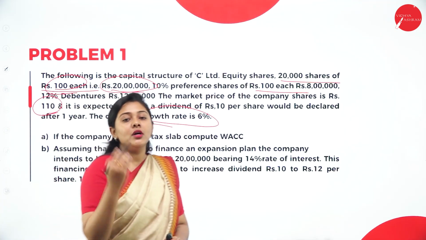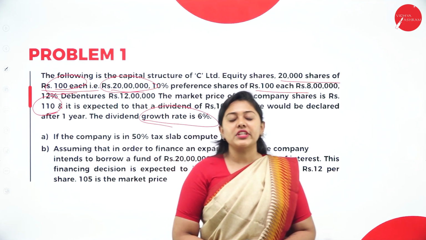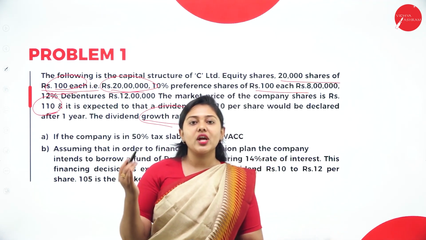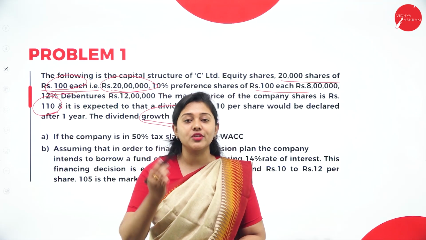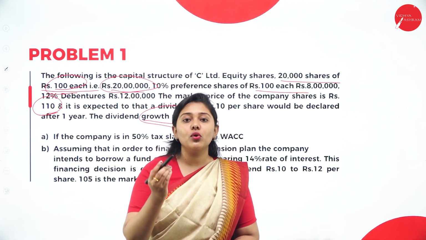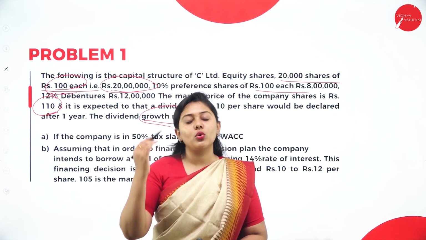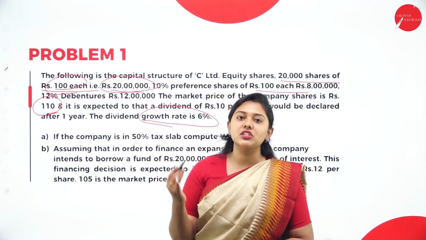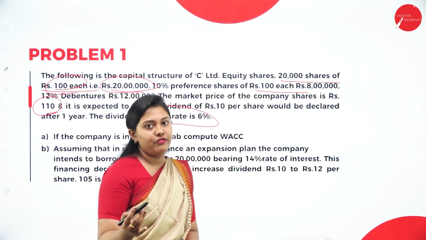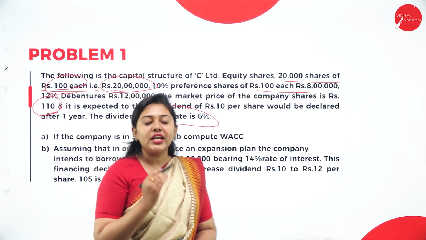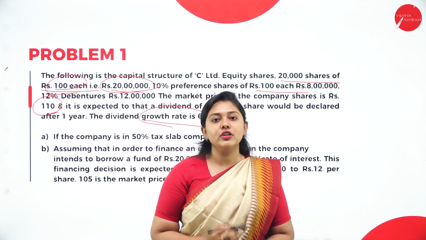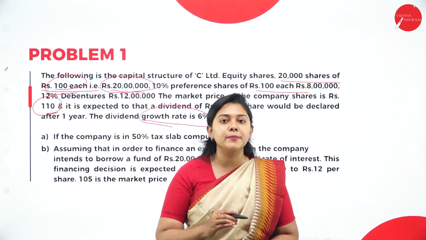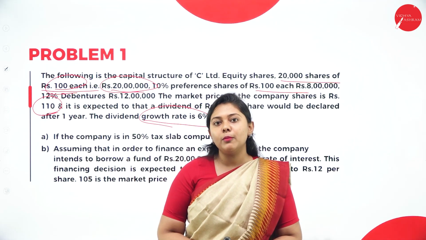In this problem, what are the sources of finance they have utilized? Equity shares, debentures and preference shares. There is no retained earnings used. So the sources of finance will be equity shares, debentures and preference shares. By reading the question itself, you will be able to understand whether it is a redeemable or an irredeemable problem.